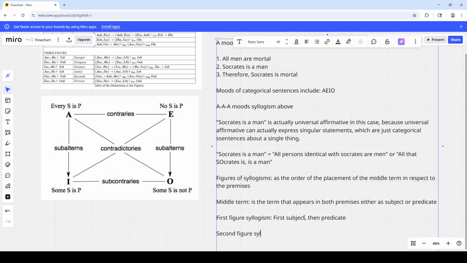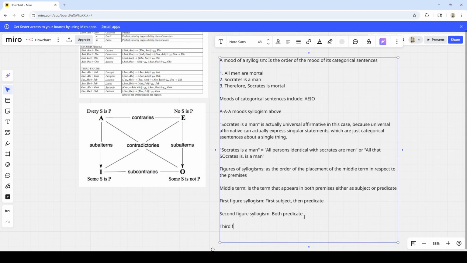The second figure syllogism is where it's going to be both predicate, and the third figure is both subject. While the fourth figure, which is also known as the indirect first figure, is where it's switched, so it's first predicate, then subject.